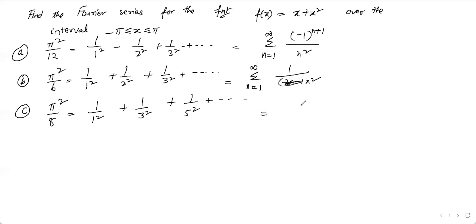And pi squared by 8 is summation n is equal to 1 to infinity 1 by 2n minus 1 whole square.